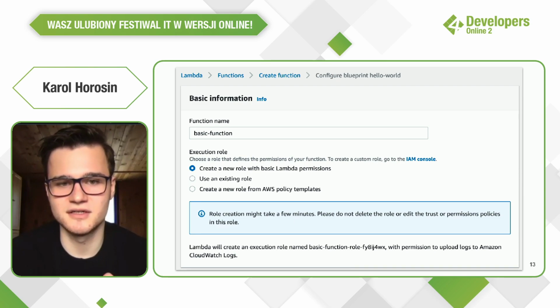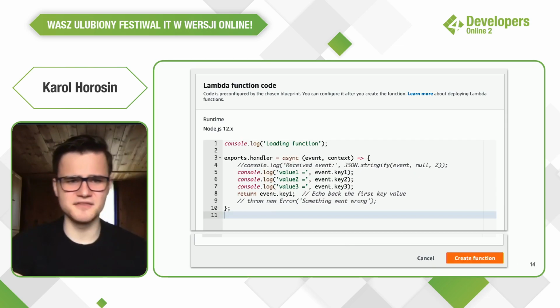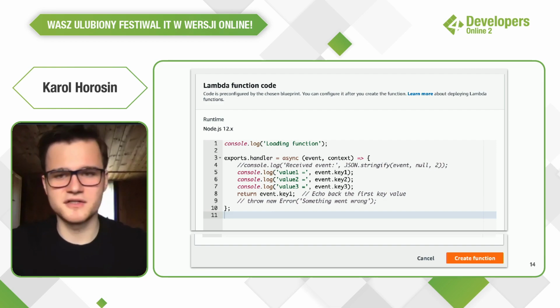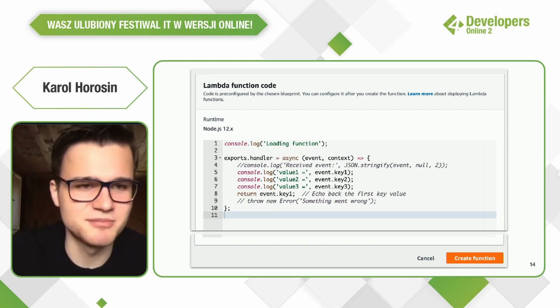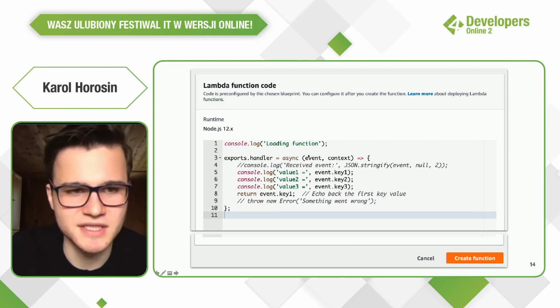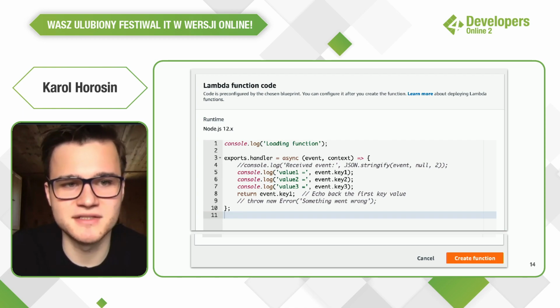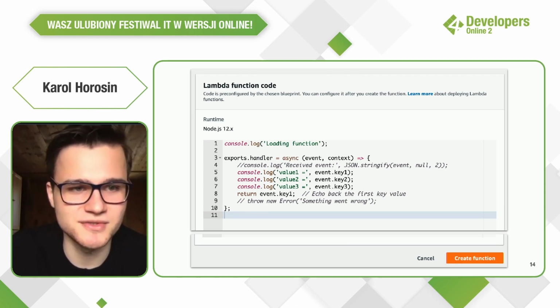And actually, if you scroll down further, we can see a sample code of Lambda, and your endpoints won't look much different. So there is a handler that if you work with Node.js, you might be familiar with exports. If you work with front end, you probably use ES6 modules, or in React, not really.